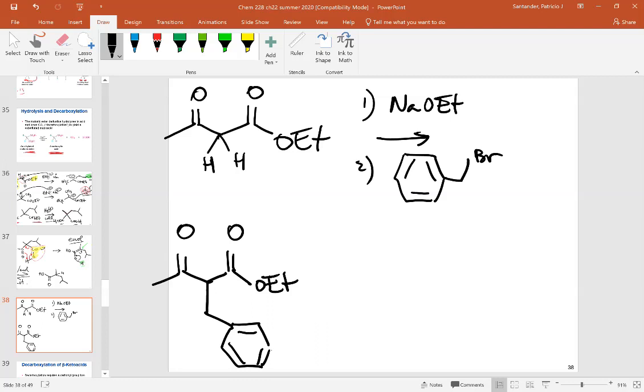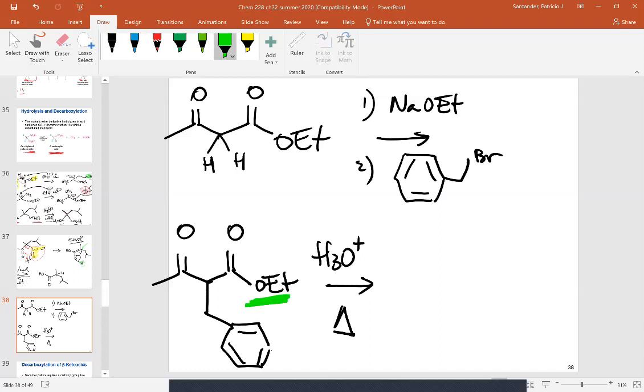And now, when you perform the hydrolysis, and let's say that I perform the hydrolysis and heat, what is going to happen? Well, only one of them will hydrolyze, right? This one can hydrolyze. The other guy here on the left, that is not an ester, that is a ketone. So that carbonyl group will survive all the way to the very end, right?